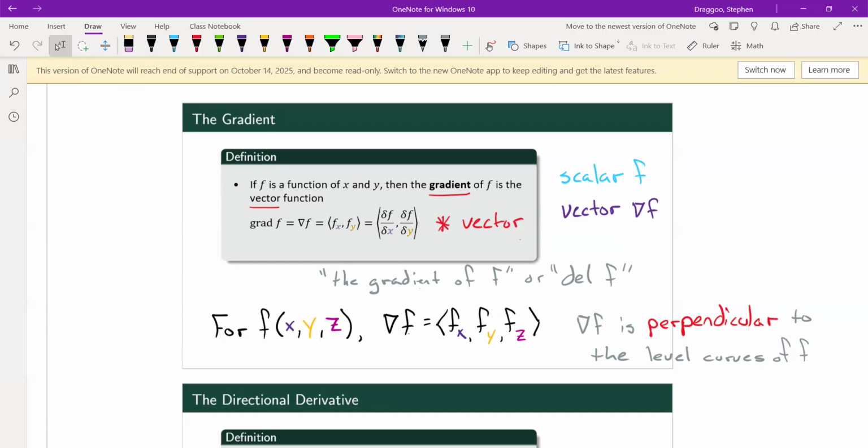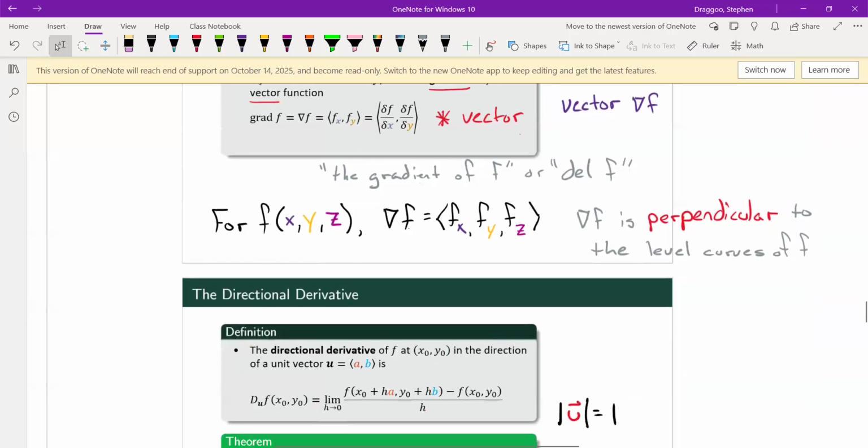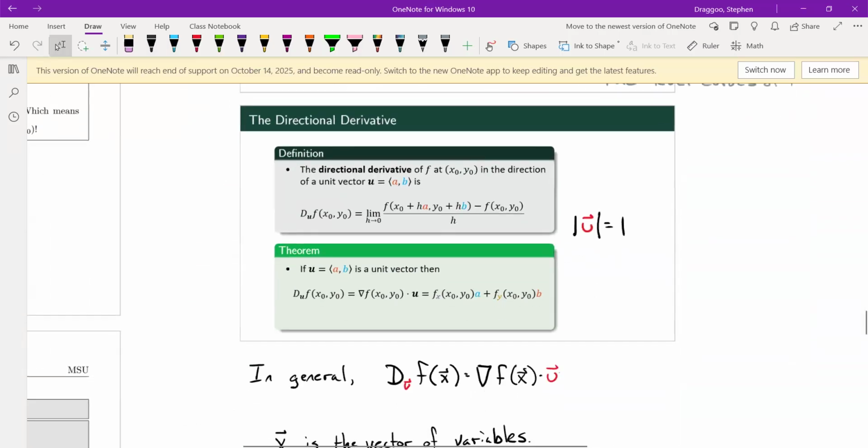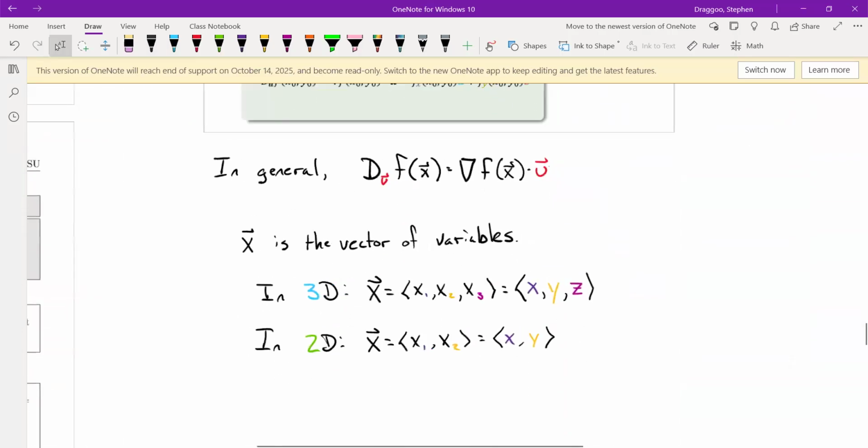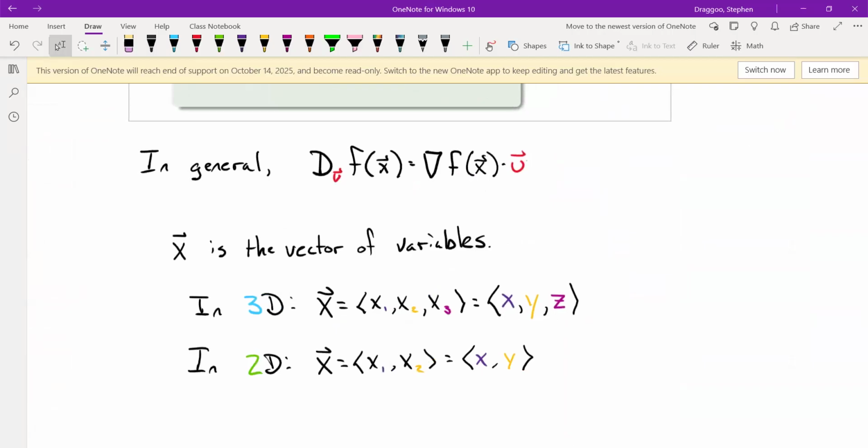And once again, I've got a scalar function, but the gradient of that scalar function is a vector. I can step it up to 3 dimensions by just adding a z partial in. My directional derivative was here. And I want to just comment on one other element that I think shows up first in this section, where we start to see it in other places, where we start using the x vector to represent our variables.